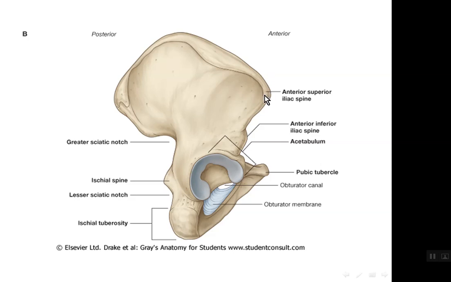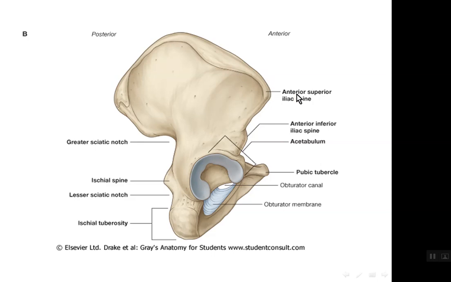We call them ASIS, meaning anterior superior iliac spine, and PSIS, or posterior superior iliac spine. Between ASIS and PSIS we have the crest, whose name is the iliac crest.